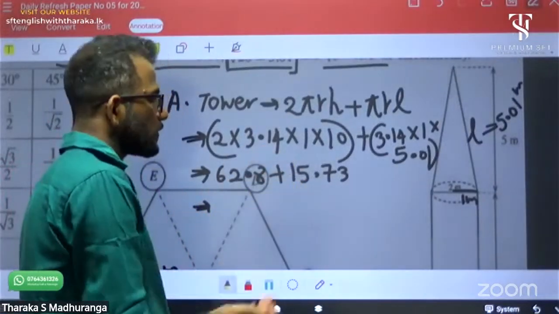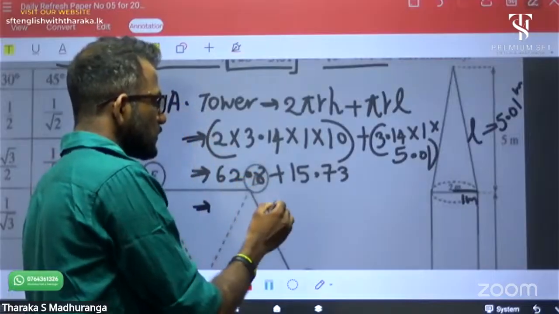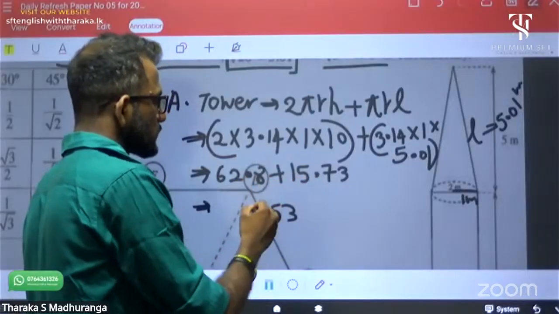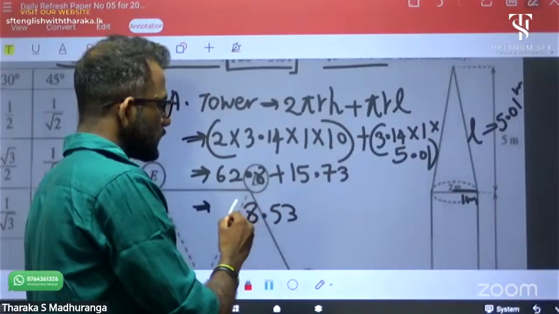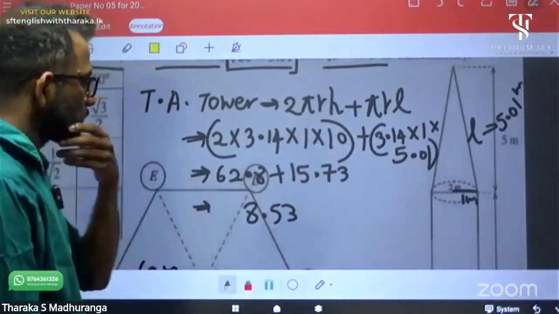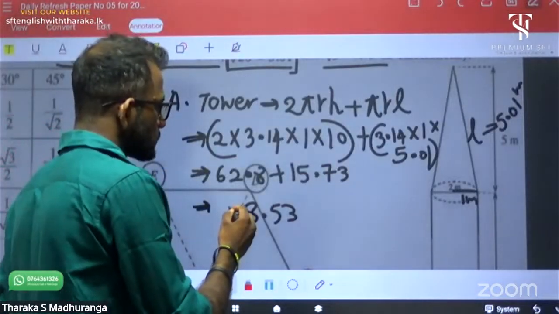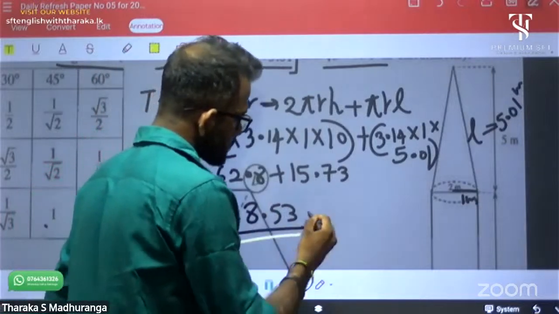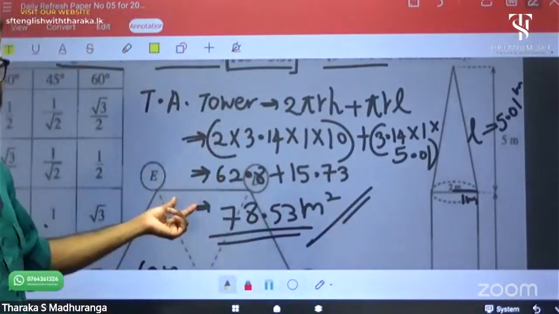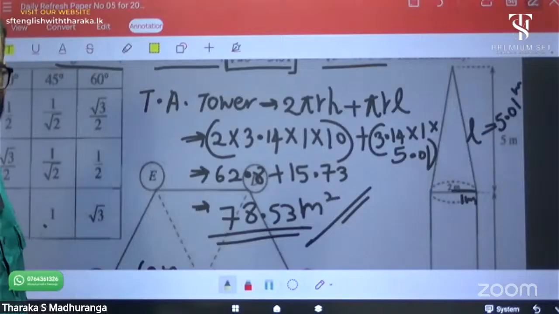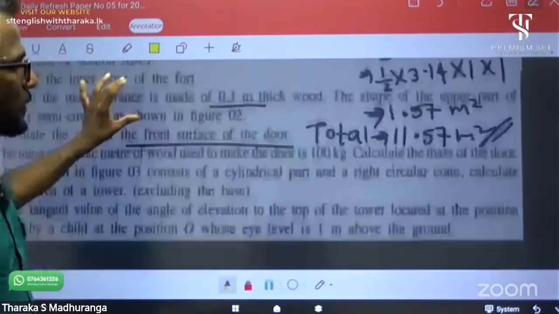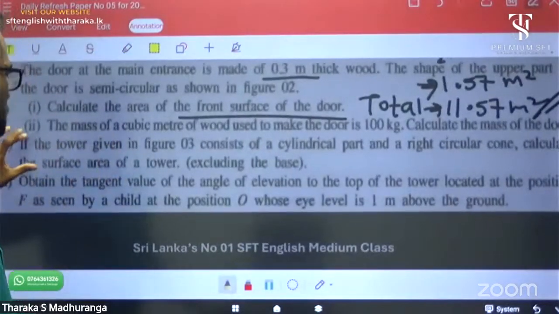That's the total surface area without bases, 78.53 square meters. Note it down clearly. If you're not complete, you have to calculate again, because these are very simple exam questions.